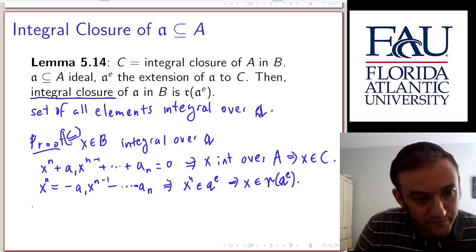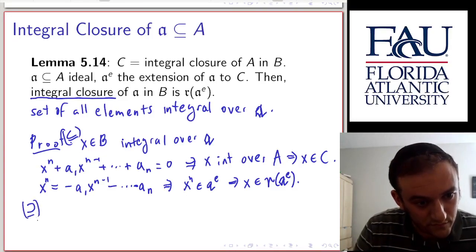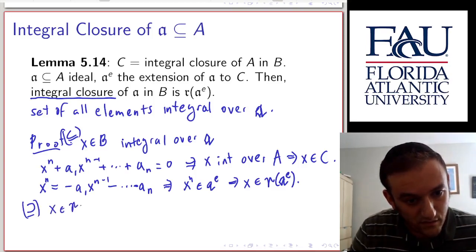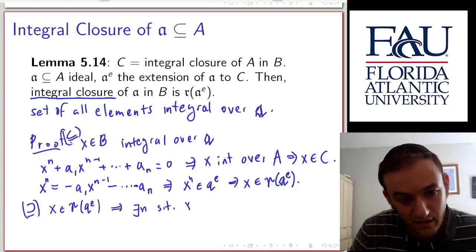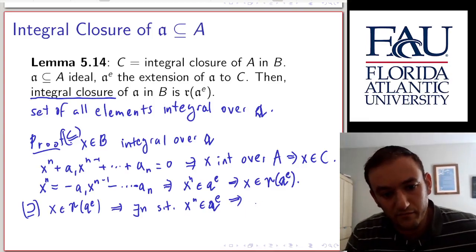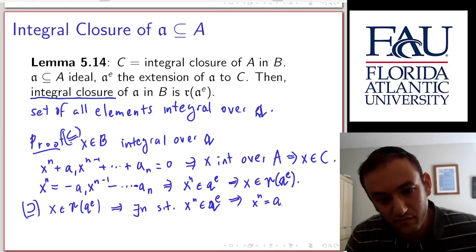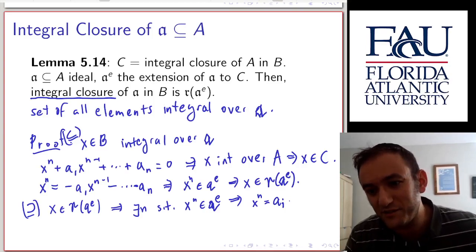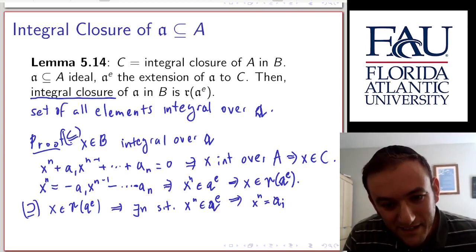Going the other way, well, we know that if x is in the radical of AE, that means that there exists an n such that x to the n is in AE, and that means that x to the n can be written as a C linear combination of elements of A, whichever perspective you want to take.